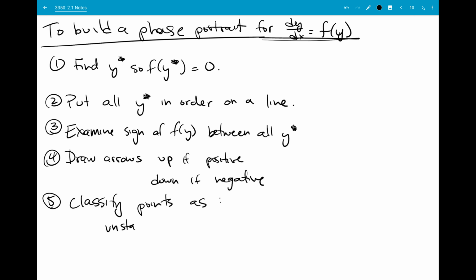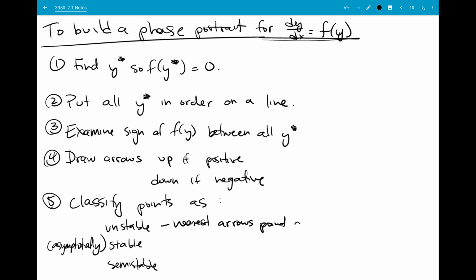We're going to say that they can be unstable, stable. It's actually asymptotically stable, but that's not an important word that I need you to remember. Just you can know that that's what it is, or semi-stable. So unstable is going to be if nearest arrows point away.